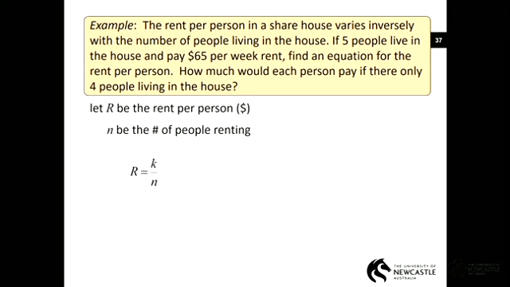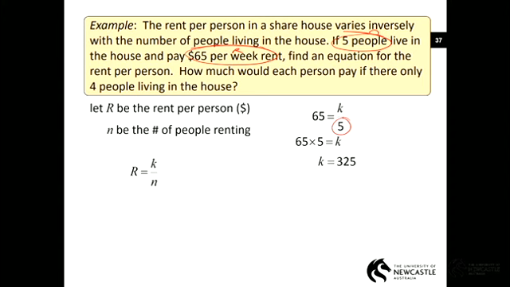Yep. Then it must have given me some numbers to chuck in. It said when N is 5 people, rent is $65, chuck it in. 65 equals K on N. So if 65 equals K on 5, I times by 5, that's a divide by 5. If I want to get rid of divide by 5, I'll times by 5. So K equals 65 by 5.